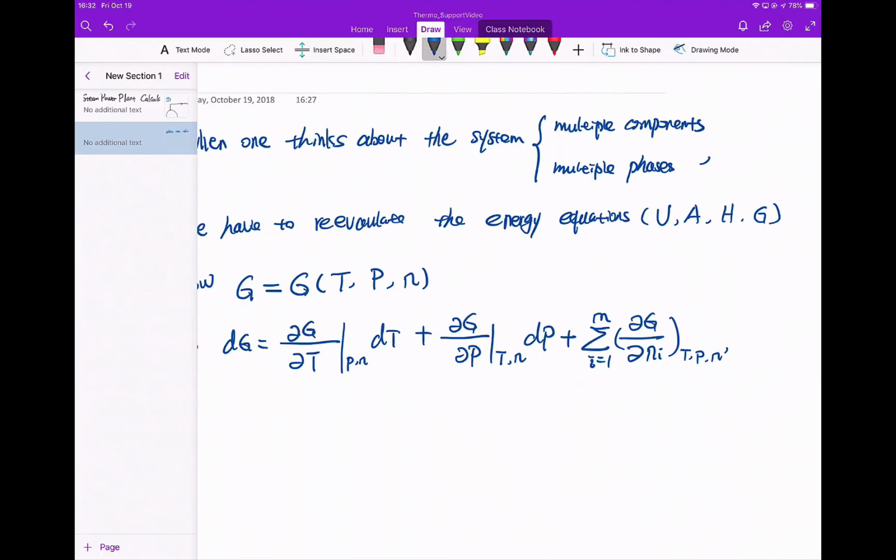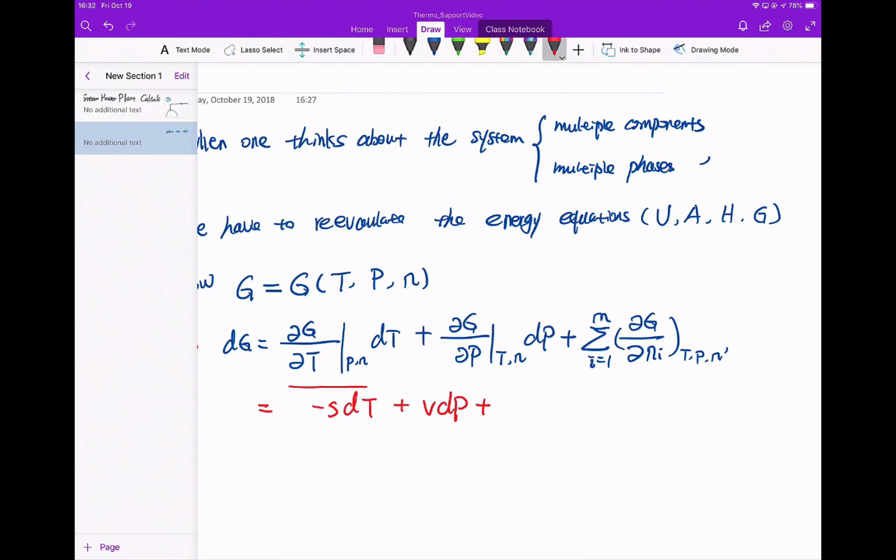So this is when we realize that, from the previous discussions, if this is still for one component, multiple phases, those relatively simple systems, then I would have this dG over dT still as negative S dT, and I would still have this as V dP.